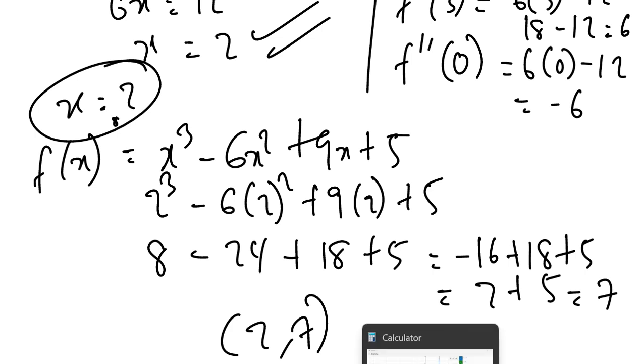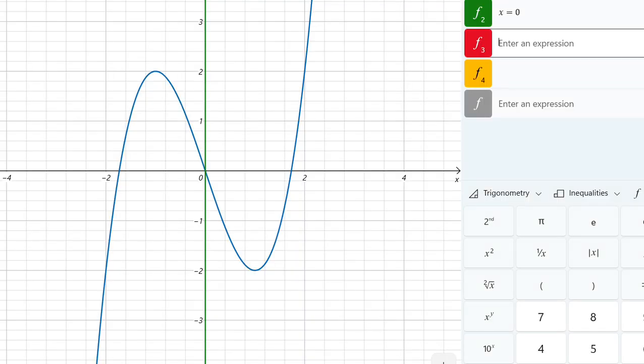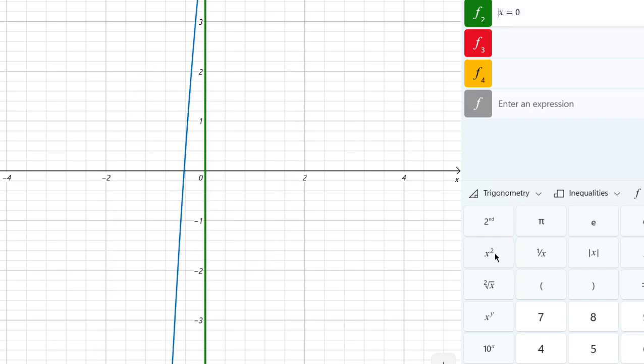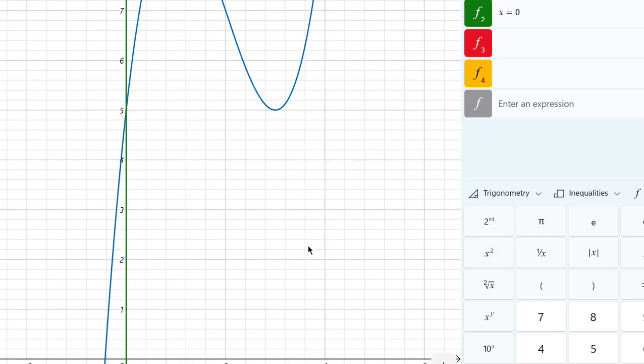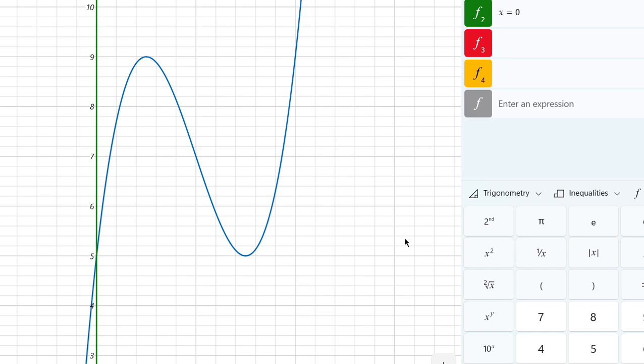If we show this visually, what is it going to be? That's x cubed minus 6x squared plus 9x plus 5, and that is this. You can see it's a different curve now.